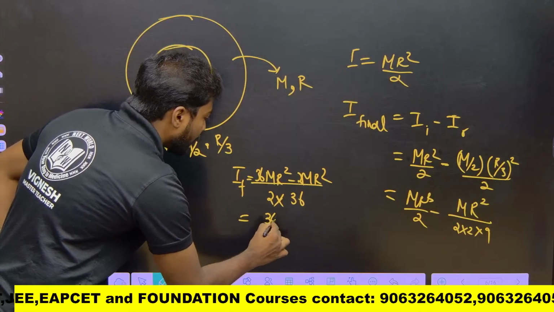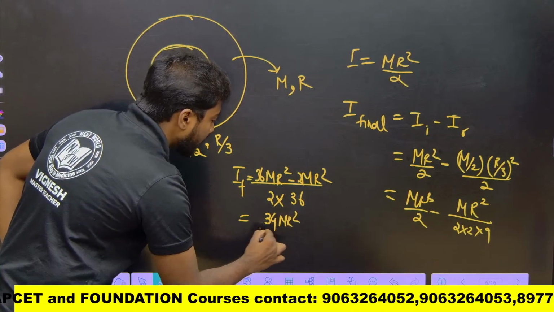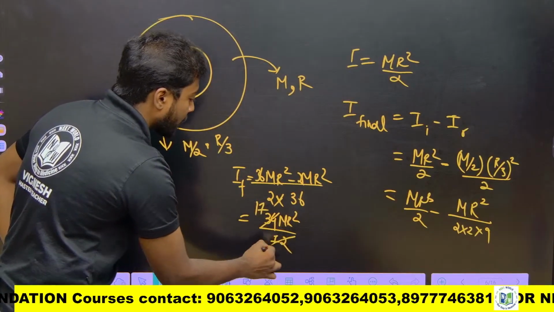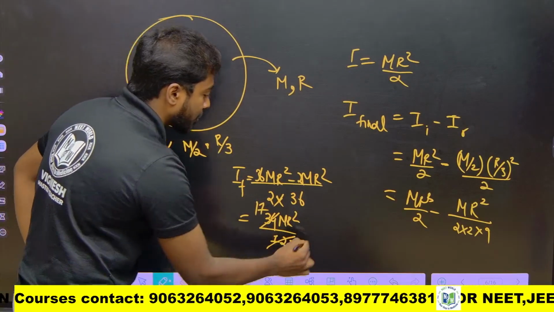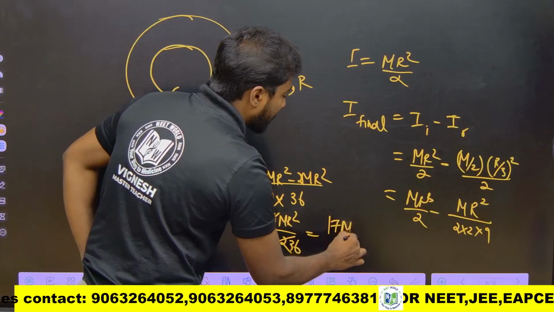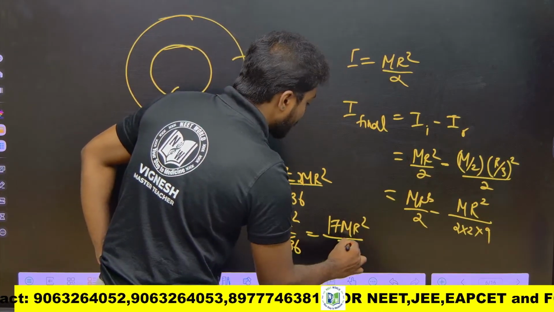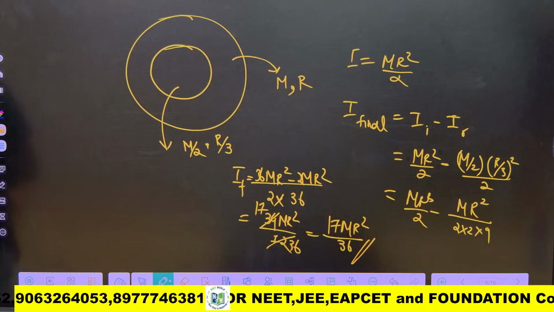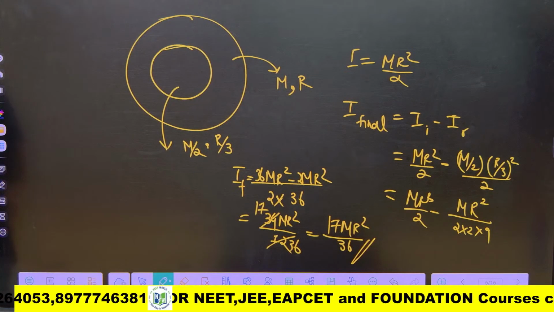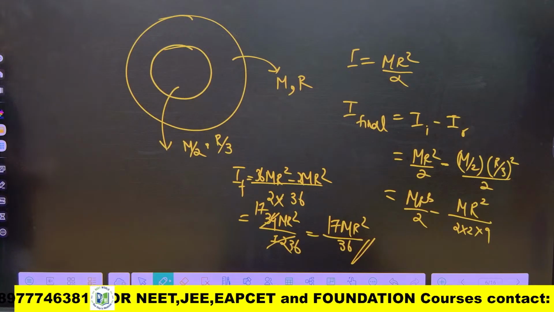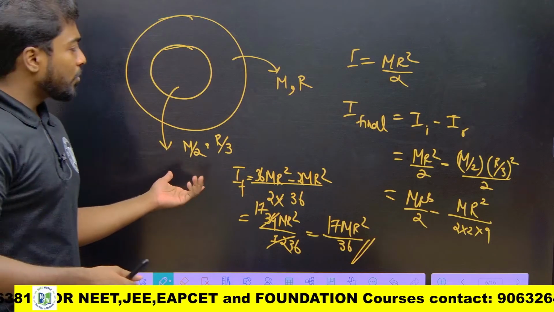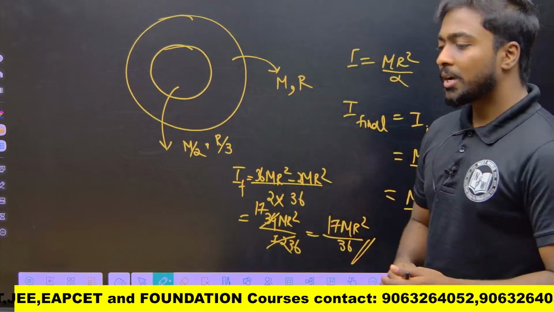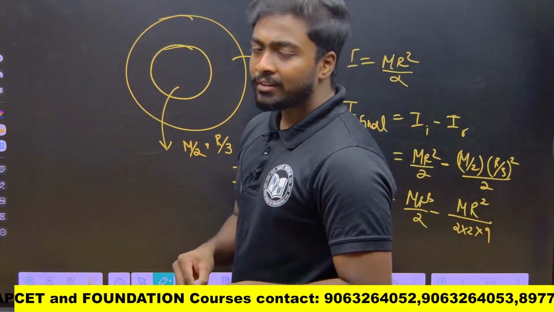So 34 mr square by 72, which is 17 mr square by 36, the final answer. So whenever a question is asked like this, you can simply subtract from the given moment of inertia, and then you can find it easily, right.